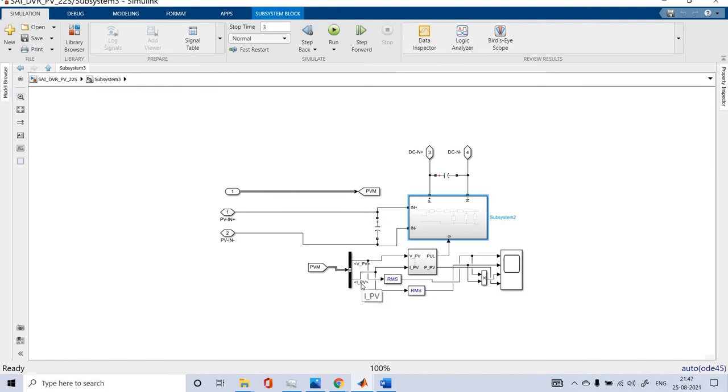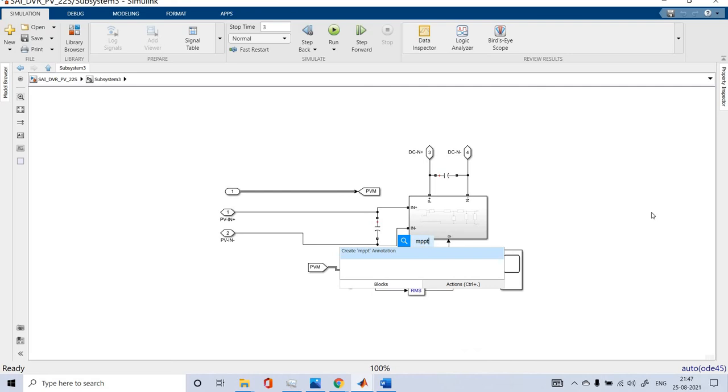This voltage and current are fed into the P&O based MPPT algorithm. This is the MPPT algorithm we have implemented.